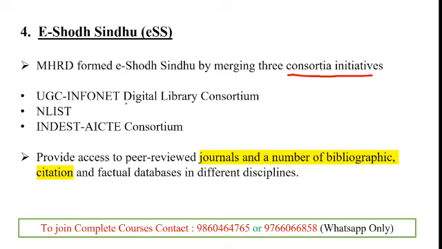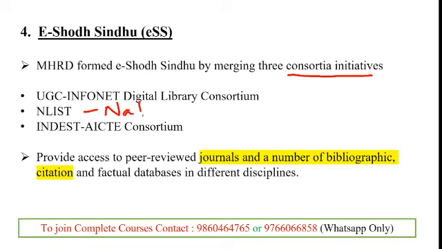Clear. So here the INFONET Digital Library Consortium is one of the consortia, and the N-LIST is the other one, which stands for National Library and Information Services Infrastructure for Scholarly Content.